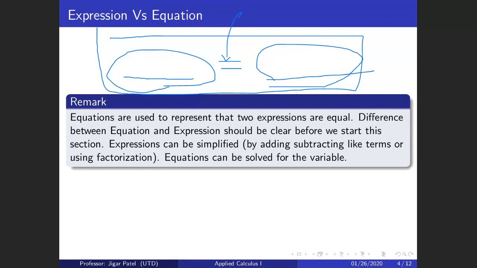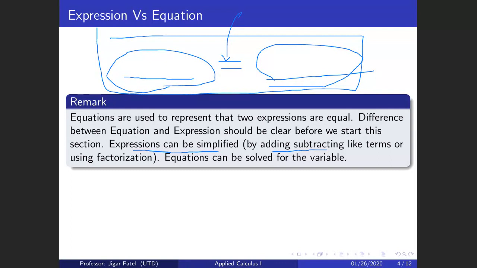As I mentioned, the difference between equation and expression should be clear before we get into the next idea. An expression can only be simplified, all right? And this is something that we can do by adding or subtracting like terms or using factorization, things that we just did.